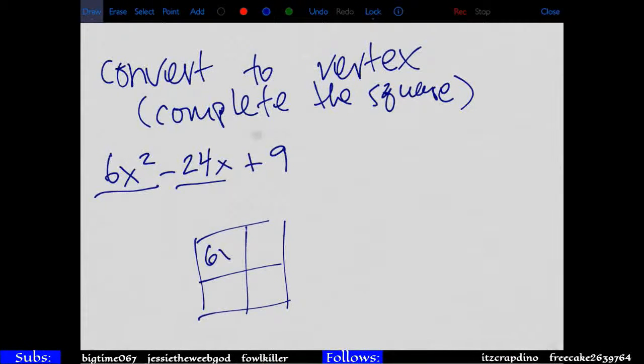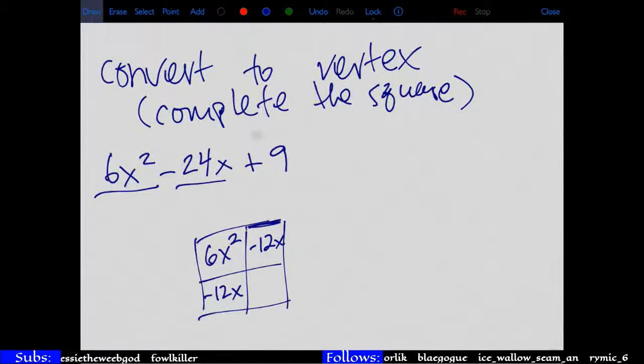So 6x squared, it has to have that in there. It also has to have negative 24 x's. And if we want this to be a square, then these two lengths here, these whole sides, rather, need to be the same, which means I need to split those 24 x's up evenly. The negative 12 and negative 12.